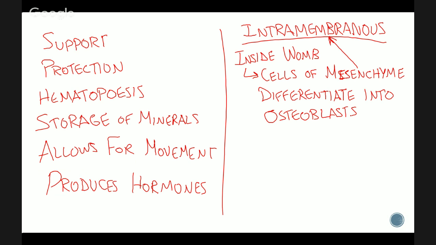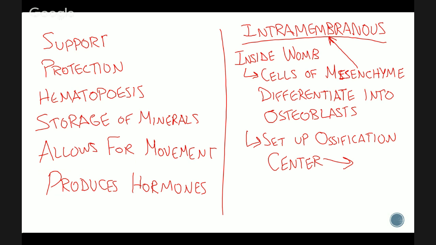So they set up an ossification center, and they start secreting what? Bone what? Matrix. So then it secretes bone matrix, and what happens to the bone matrix? Yeah. Hardens. And then what are we left with? Osteocyte, right.